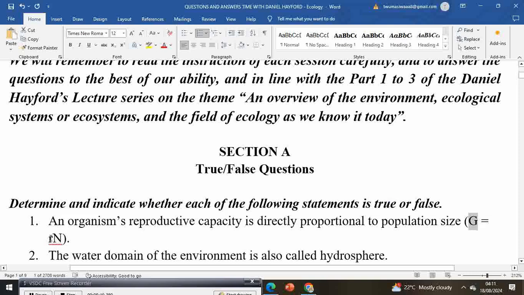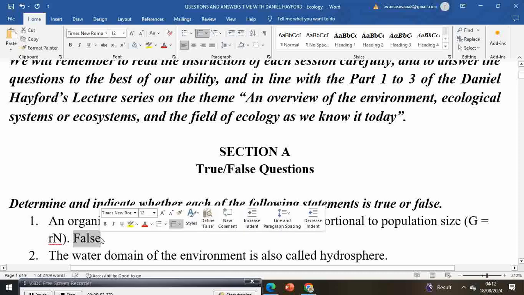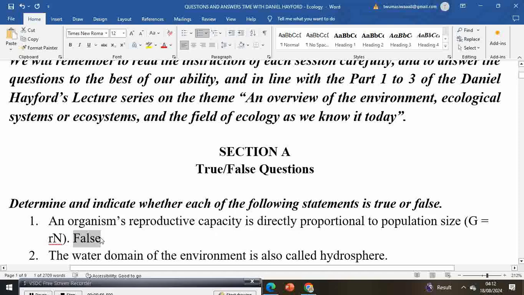Therefore, our formula will become r equals capital G over capital N. In that case, you realize that r will be inversely proportional to the capital N, which is the population size. And so the statement here is false. An organism's reproductive capacity is not directly proportional to the population size.